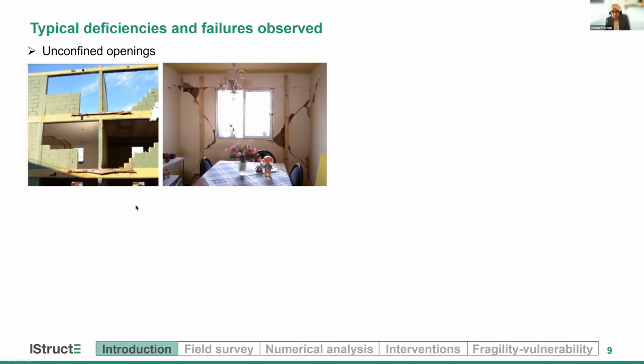There are some typical deficiencies that cause damage in confined masonry buildings. As you can see here, one of the major reasons is unconfined openings, which then lead to partial or total failure of walls.